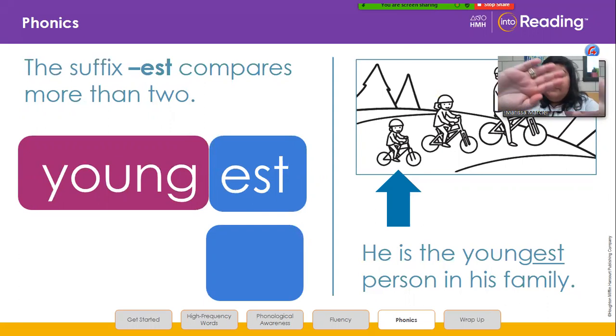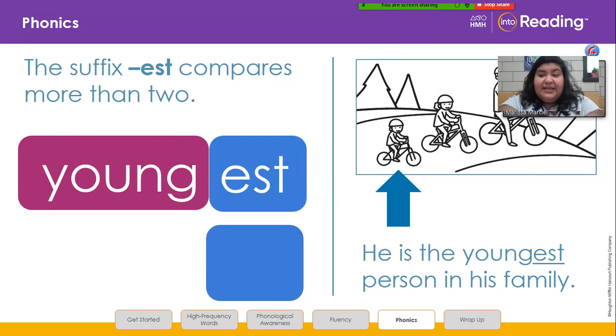So notice when you cover the ending, the base word is still the same as the other one, right? It's still young. Our base word is young. It's the base word in younger. What was the base word of that? It was still young, right? So we can add these two suffixes to change its meaning, but the base word stays the same. So we can use the suffix EST to compare three or more things, okay?